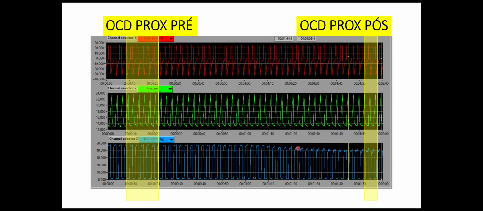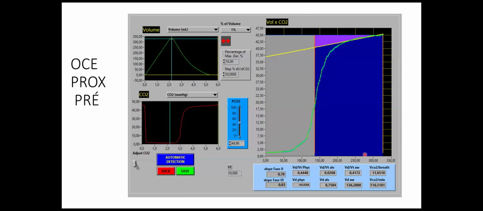But this drop is tiny. It's about 10% or 15% of the values. And obviously, you don't see any change in the airway traces, airway pressure or airway flow. So this is the signal that you get with capnography.